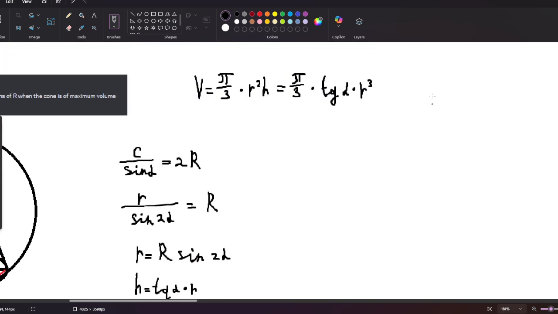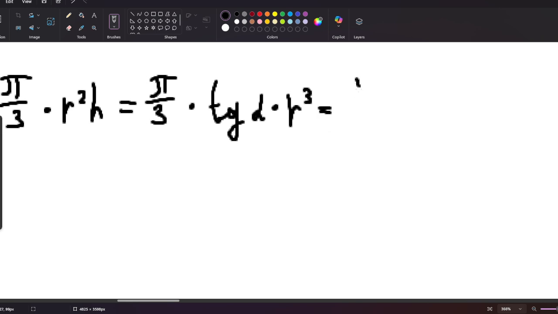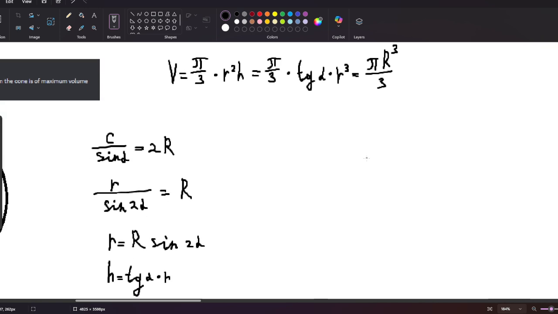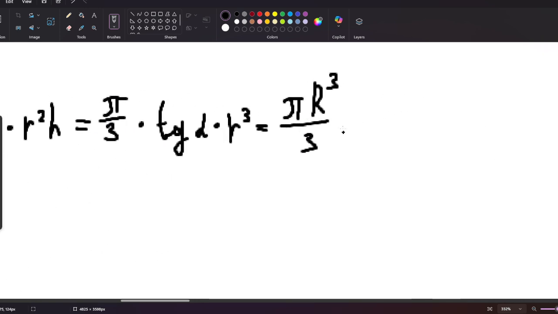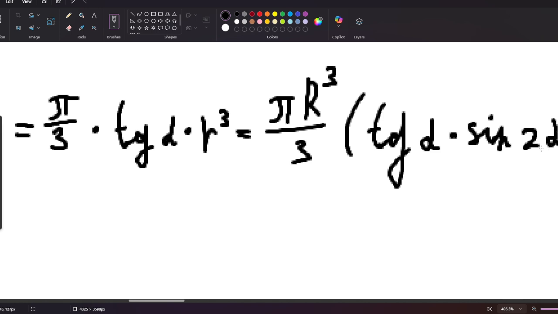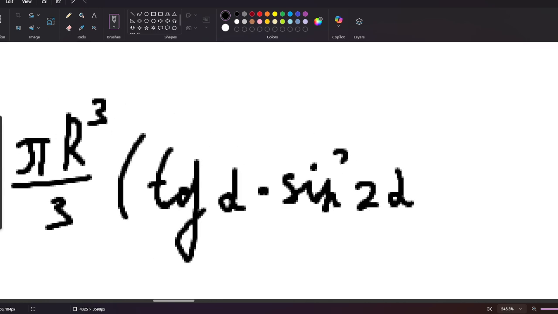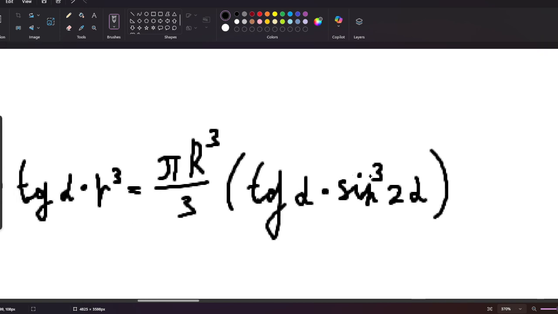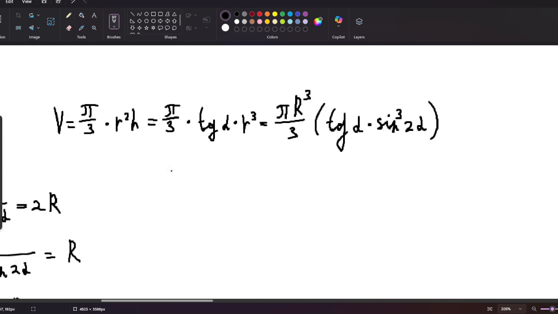Now for r, we can bring out the R capital here. And the main part that varies is this: tangent of alpha times sine of 2 alpha to the 3rd power. Okay, cool. So this is a constant, we don't really care, we need to maximize this.